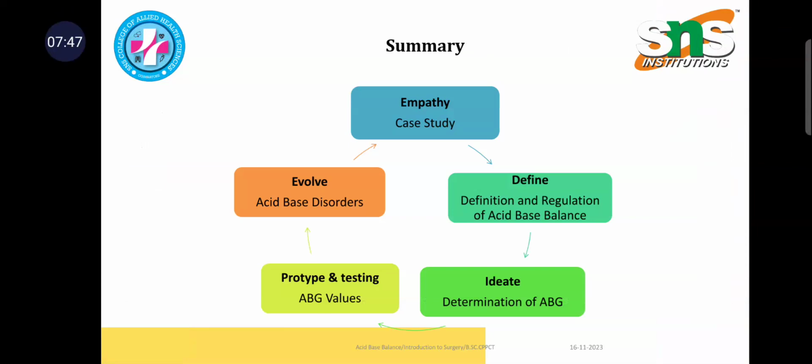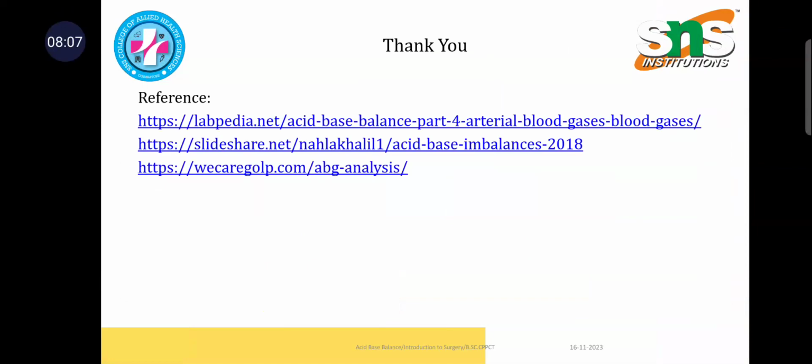In prototype testing, we have seen the normal values of ABG. And in evolve, once you know these normal values, we have to check whether a value has increased or decreased, and further changes can be analyzed for disorder identification. Thank you for listening.